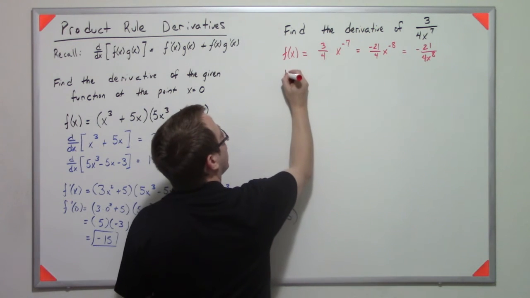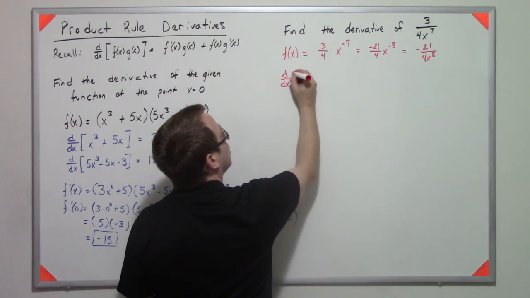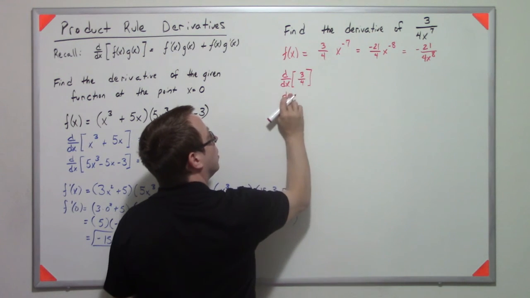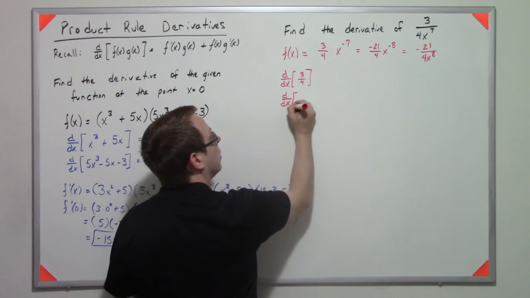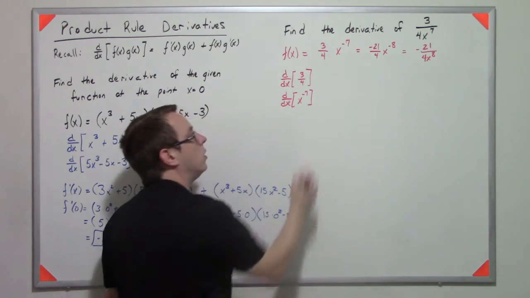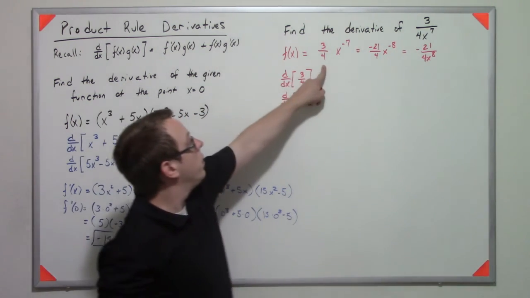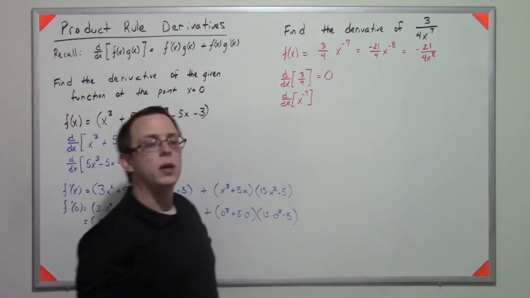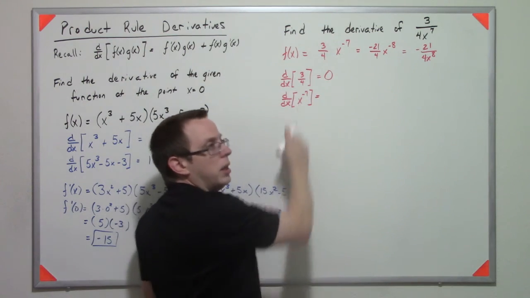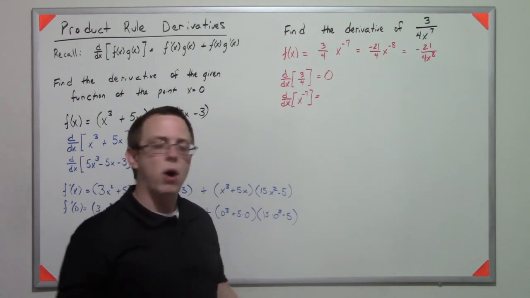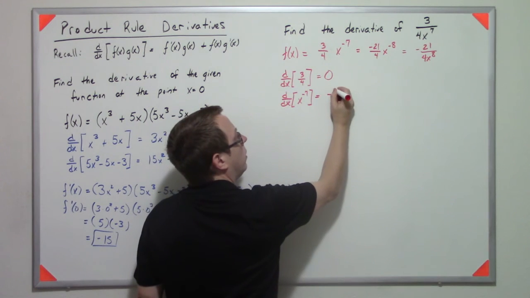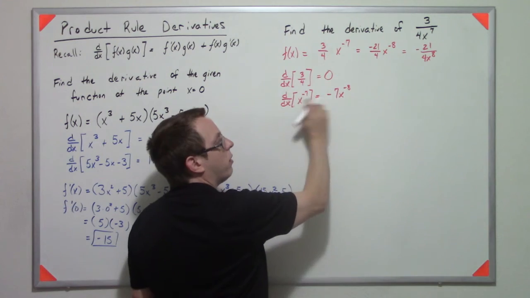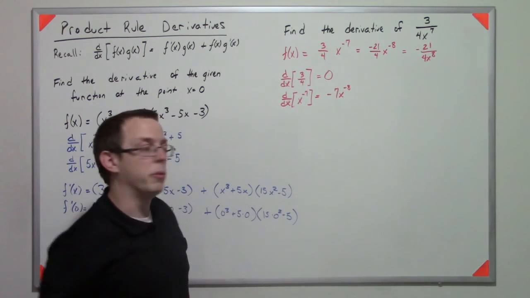So in this particular case, we set up this function and that function. Now this is a constant function, so its derivative is 0. And this follows that polynomial rule, so you bring the power down to the front and subtract 1 from the power.